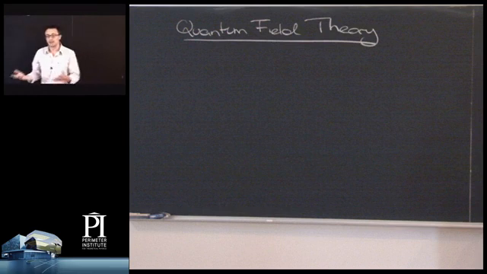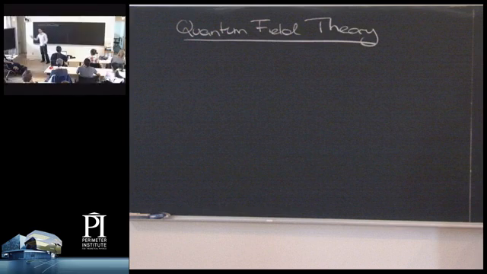So for the electromagnetic field, that's what we call a photon. But now we're in a situation where we have to start introducing new fields for all the other particles that we know of in the universe. So we should introduce an electron field, and a quark field, and a W boson field, and a gluon field, and a neutrino field, and so on and so on. Okay? So that's the basic premise of quantum fields.